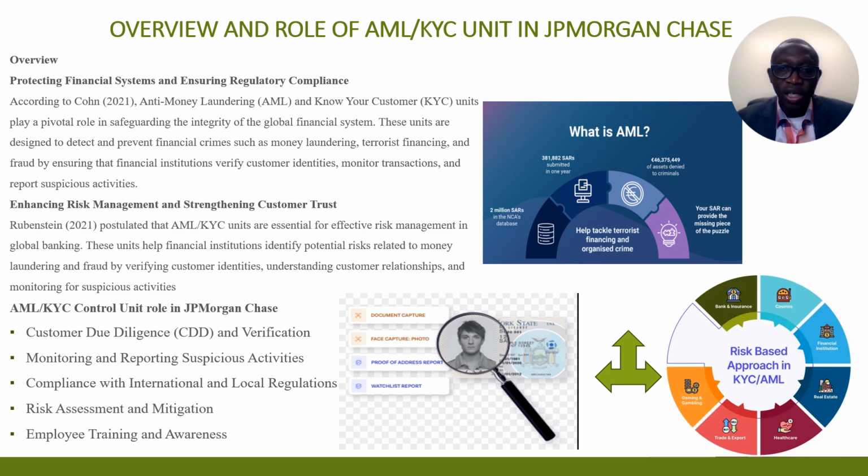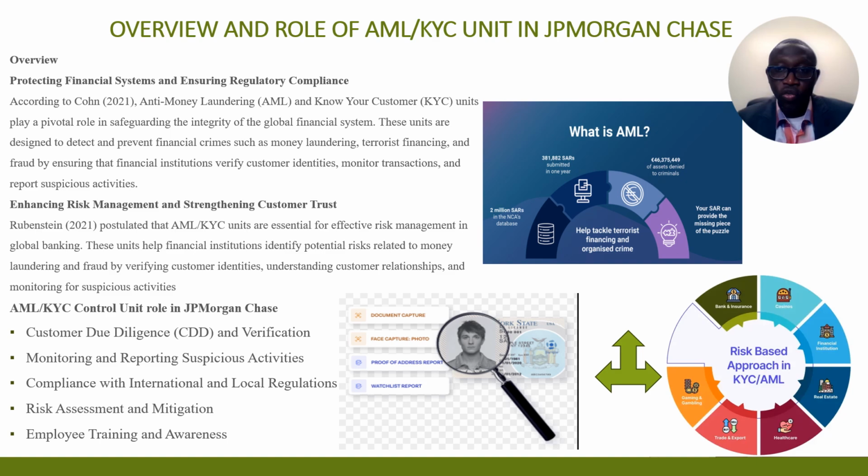The second part is to make sure that they enhance risk management and strengthen customer trust in the bank and in the unit. That does not stop them from also identifying risks that are related to money laundering, fraud, and other minor financial threats that could be a challenge to the unit.